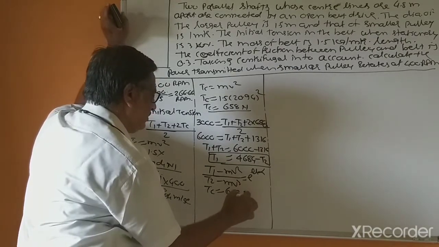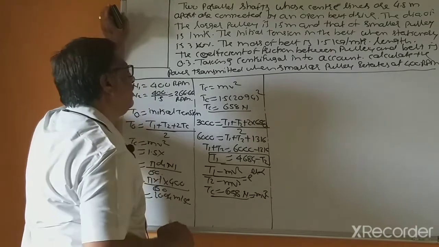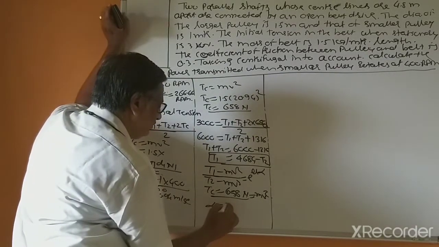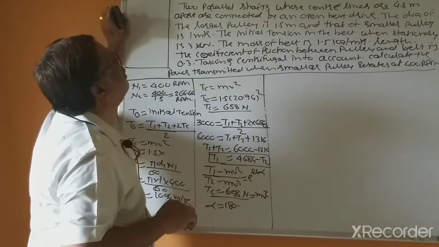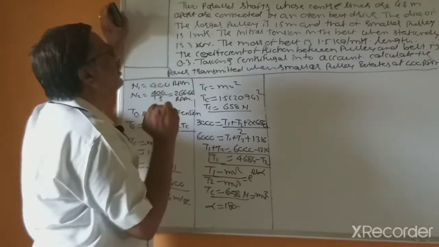Right. Now alpha equal to 180, because this is open belt drive, 4.8 meter open belt drive.